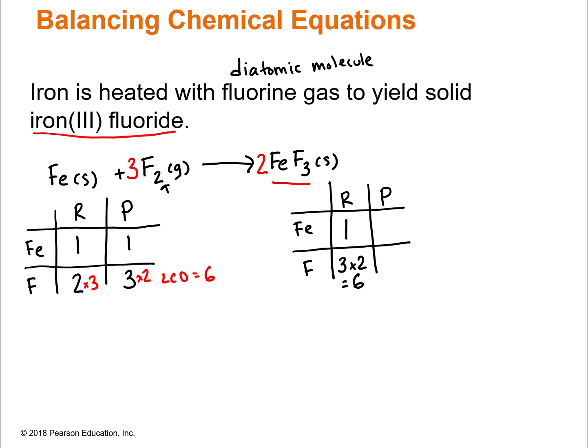On the product side, I placed a 2 in front of the iron 3 fluoride. So now I've got 2 iron 3 fluorides and each of them has one iron atom for a total of 2 iron atoms. I've also got 6 fluorine atoms. My fluorines are balanced. Iron, now it's not balanced.